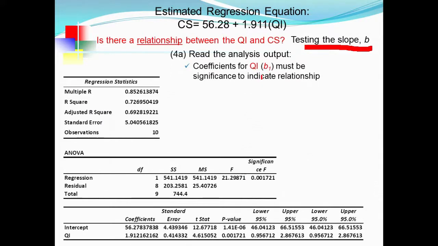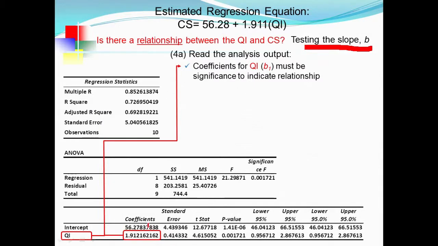This coefficient will show the influence of quality inspection on customer satisfaction. To get the beta value, we look at this column, this row, quality inspection. So this is the coefficient, 1.91 something. This is the beta value.